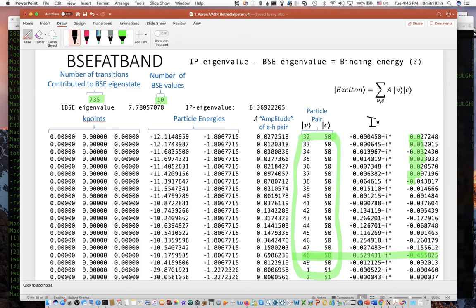So column 6 is just the magnitude. Okay, so it will be real square plus imaginary square.